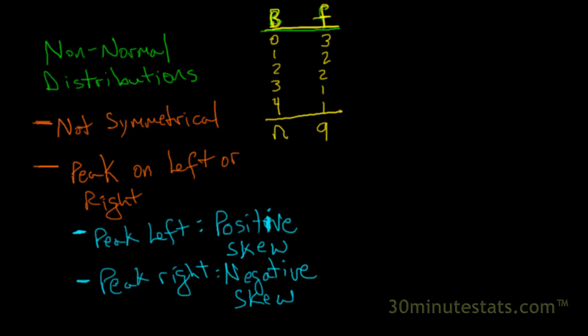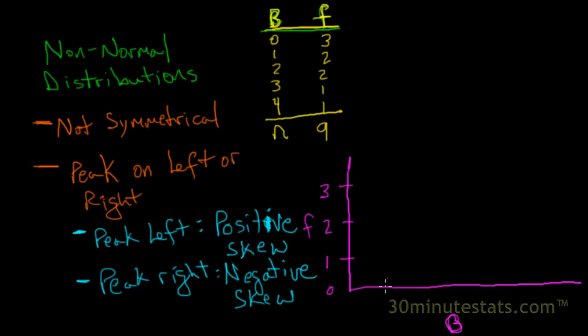And what we'll do here is create our frequency distribution graph right here. We've got frequencies from 0, 1, 2, and 3, and then values for variable b that go from 0, 1, 2, 3, and 4.